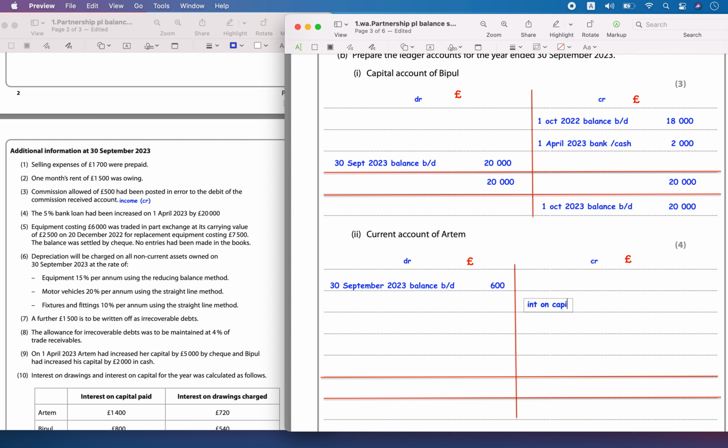Interest on capital, share of profit, and then the salary that needs to be paid.